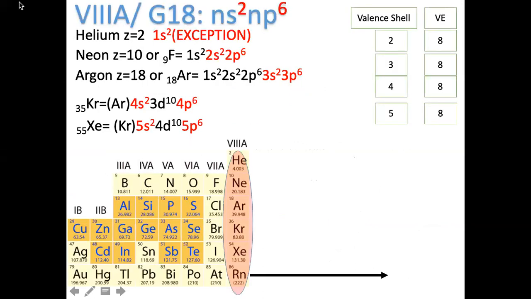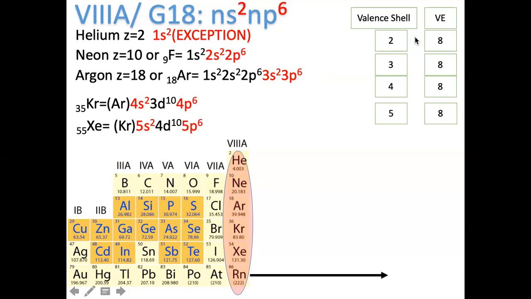And then the last one would be the group 18, ns2 and p6. Of course, helium is Z equals 2, so there's an exception, that is 1s2. But for the rest, neon, argon, krypton, and xenon, they are going to end up in 2s2 2p6. And so look, they are complete, right?